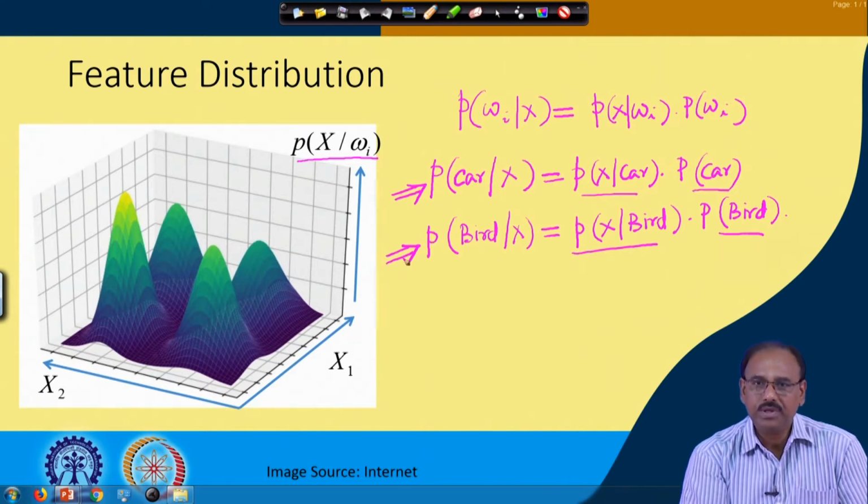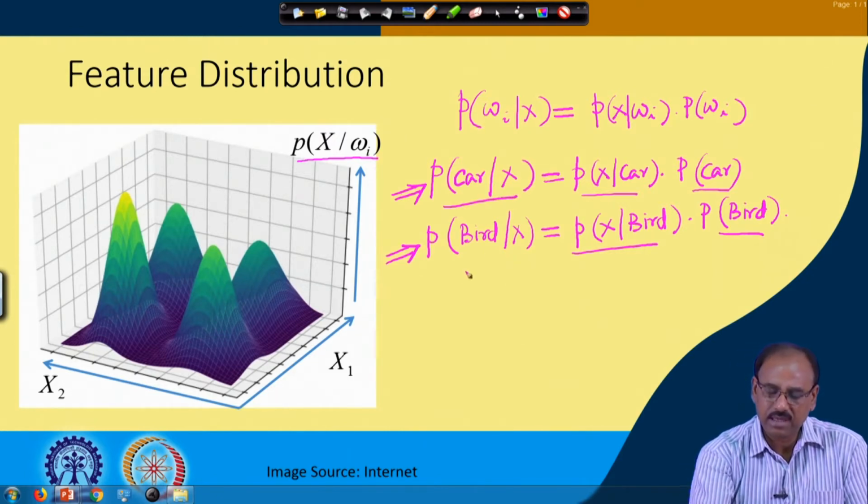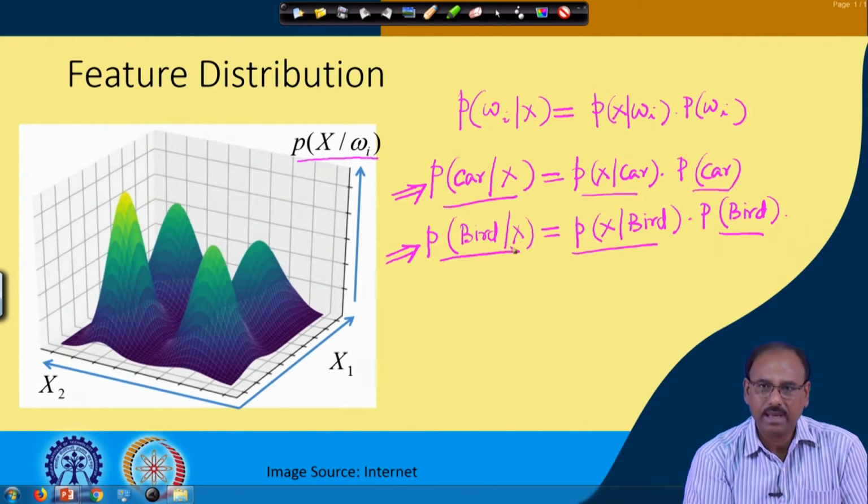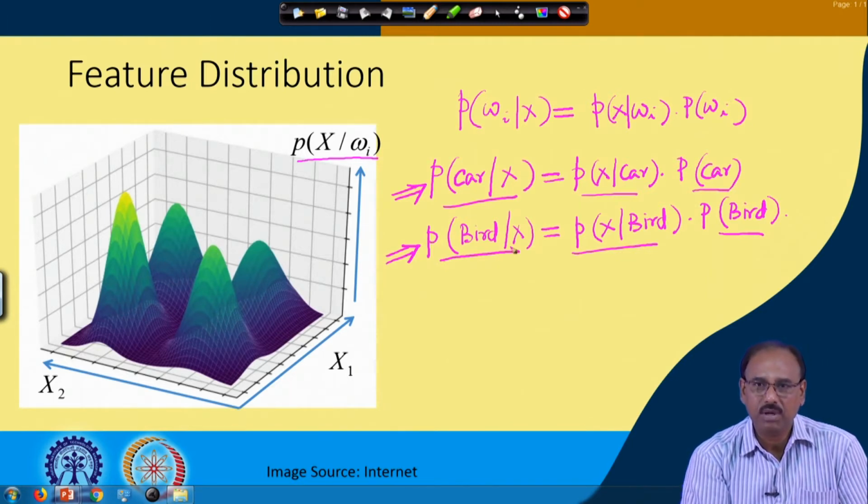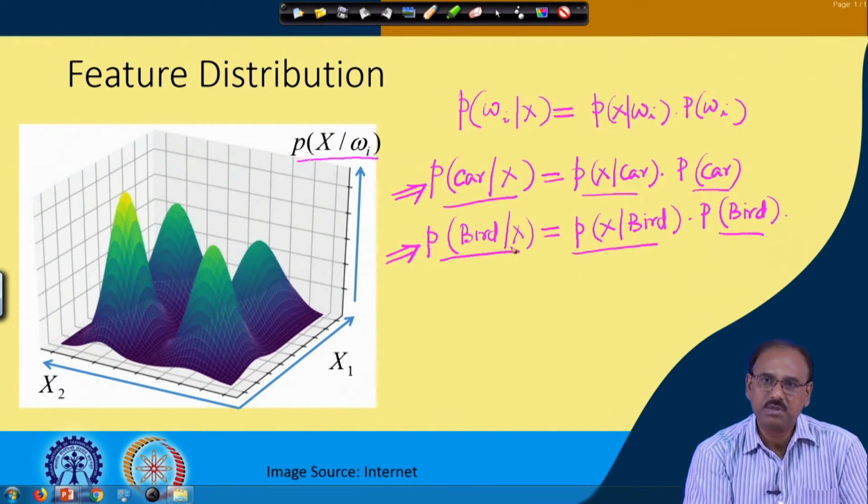Out of these two, whichever is more for a given unknown feature vector x, decides the class. If I find that P of car given x is greater than P of bird given x, then my inference will be that this feature vector x belongs to car, or the object from which this feature vector x has been computed is nothing but a car.